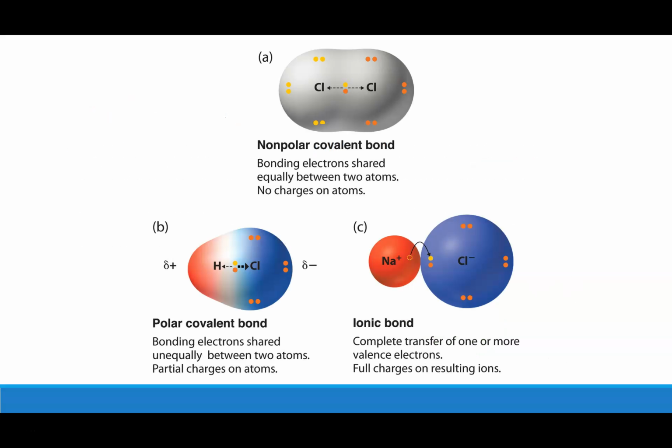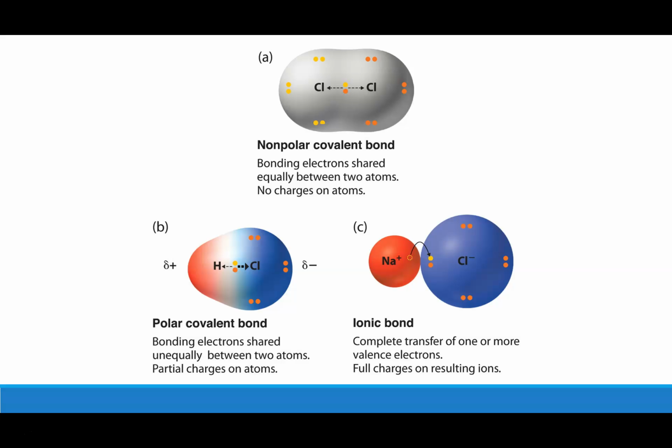Here we see a representation of the electron distribution in a nonpolar covalent bond, a polar covalent bond, and an ionic bond. The electron-rich regions, which are negatively charged, are shown in blue, and the electron-poor regions, which are positively charged, are shown in red.